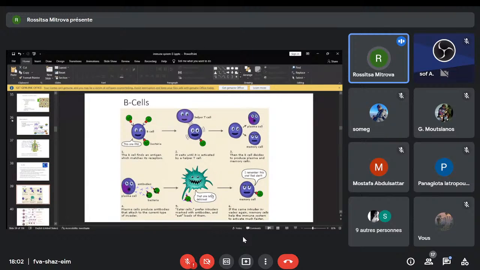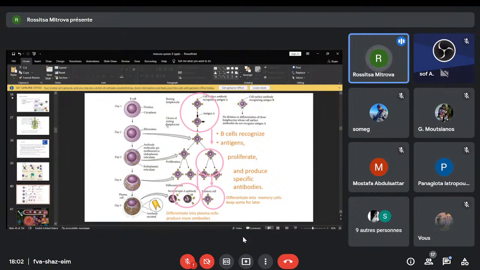Here's again an animation on activation of B cells, but this is important to remember. Here you have the differentiation of a B cell, the resting lymphocyte. It recognizes a specific antigen, for instance antigen A, and they start to clone the resting lymphocytes.